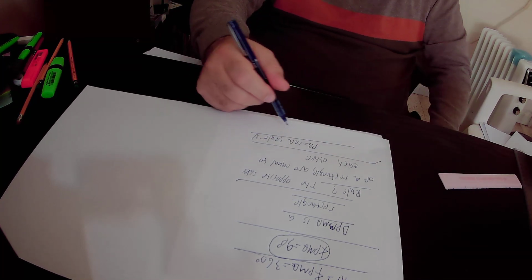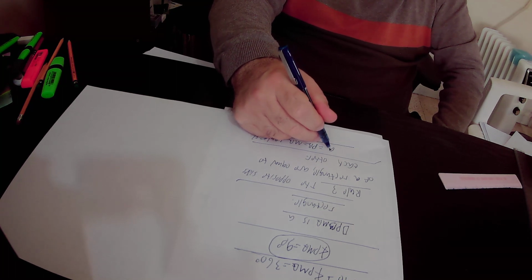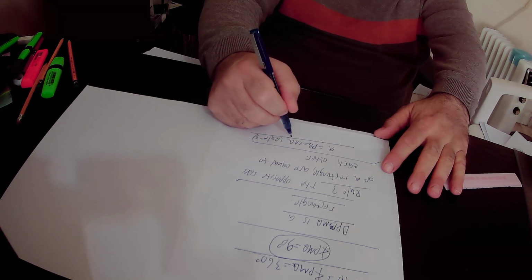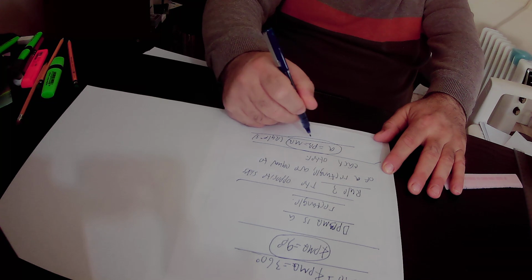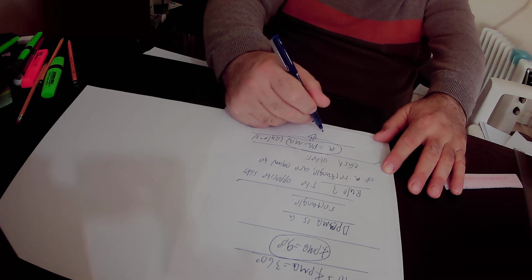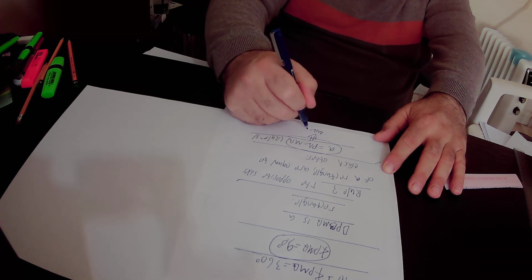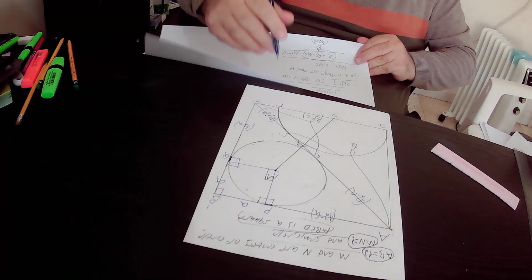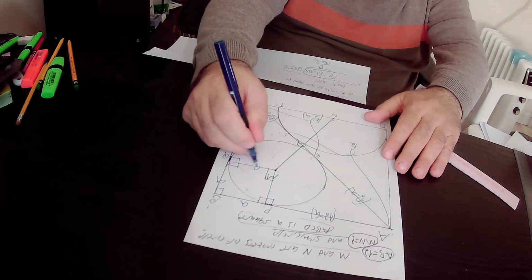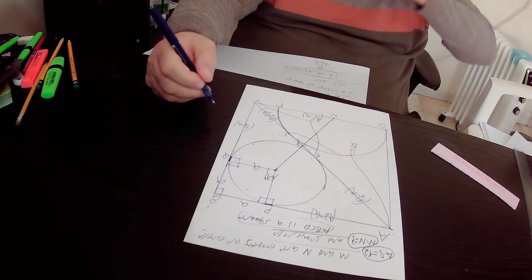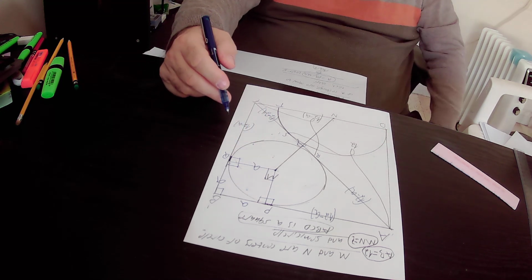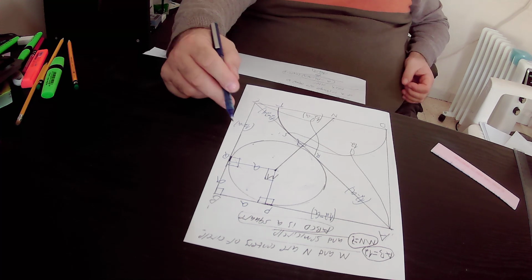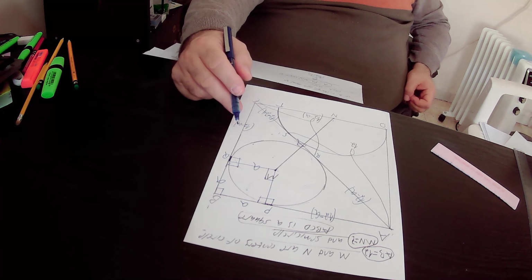But PB is equal to A according to our definition. So from this equation, A equals PB equals MQ, we will derive that MQ is also equal to A. So MQ, that is the radius of this circle, is equal to A units.